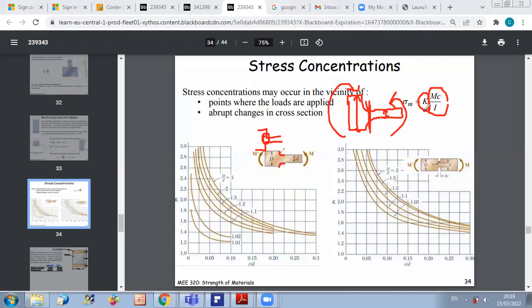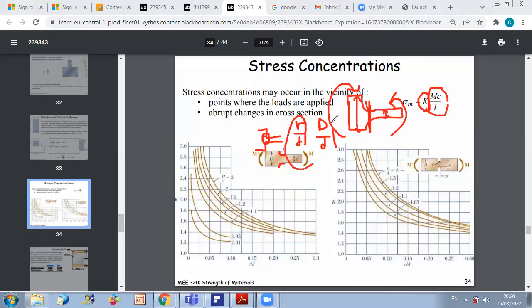Experimentally, we can determine for each configuration, let's say ratio r over d and D over d, for this example, how K will vary. Here we performed a dimensionless analysis. These are pi groups.